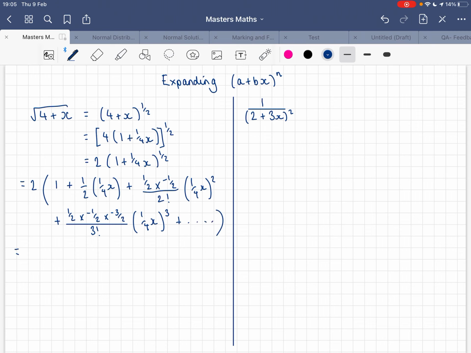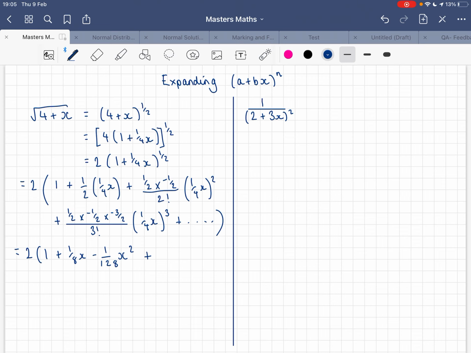When we simplify the binomial expansion, that gives us 2 lots of 1 plus a half times a quarter x, which is 1/8 x. When we simplify this term, we get minus 1 over 128 x squared.